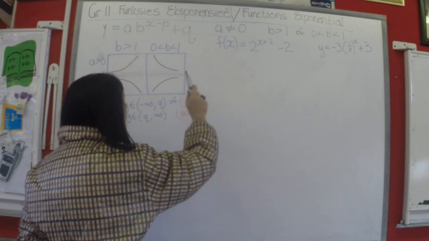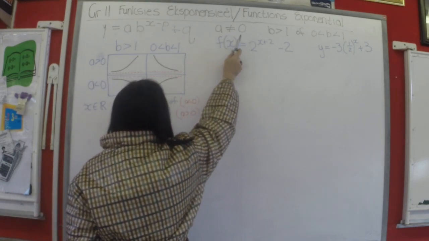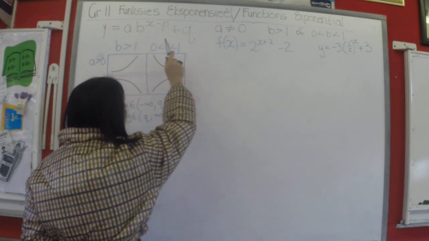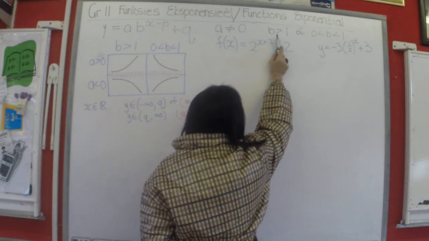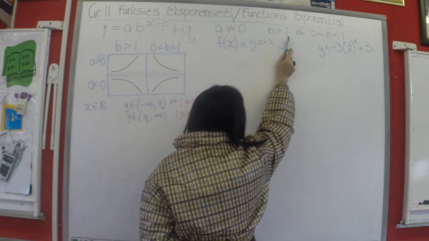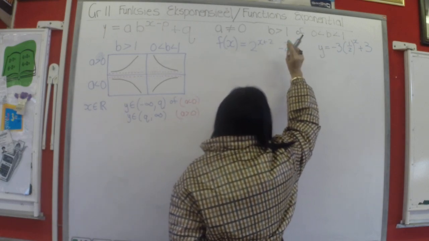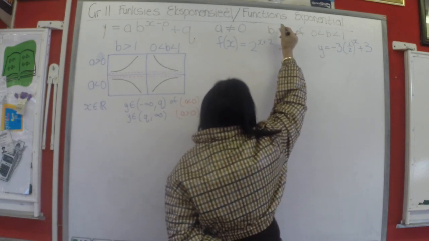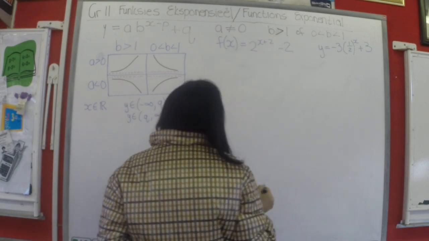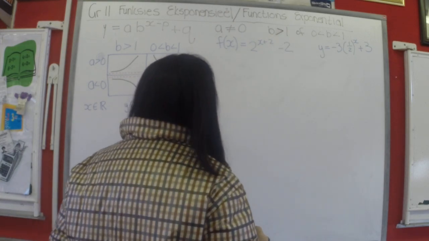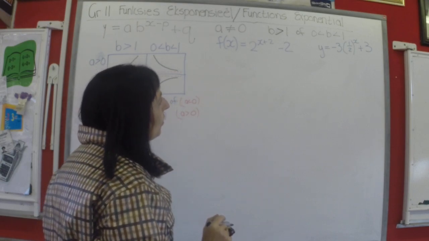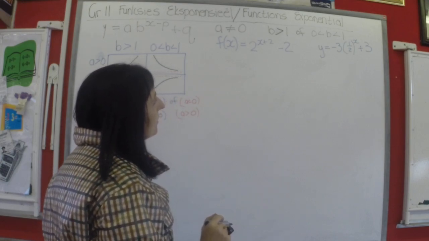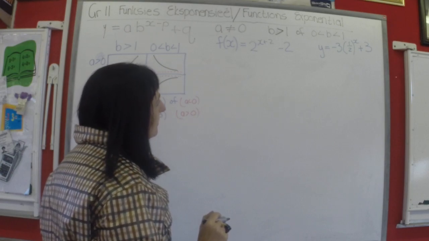The first one is a may never ever be 0. And then b can be... not smaller than 0, no. B can be greater than 1, or b can be between 0 and 1.